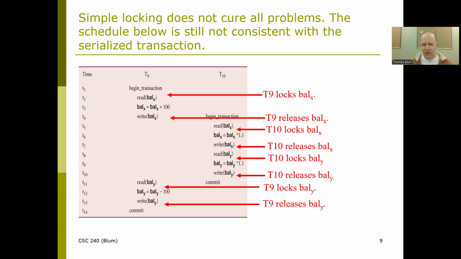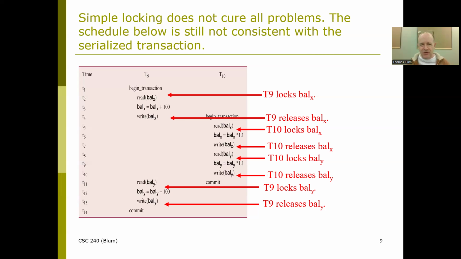So I'm done with that data, the balance X data. And then transaction 10 can come in and say, okay, X is available. Let's read and write, pay the interest, and balance Y is available. Let's read and write and pay the interest.